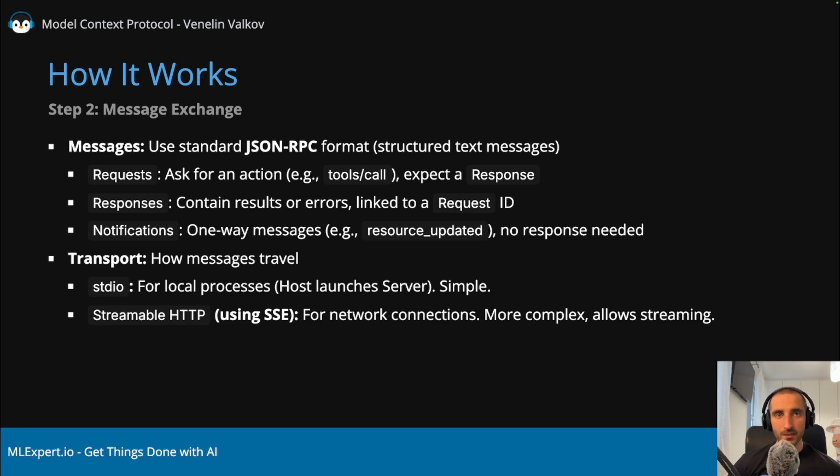In this case, the protocol is working over HTTP and resembles somewhat of a REST API. Of course, not exactly, since we're using server-sent events and JSON RPC for the communication itself. Of course, this is allowing streaming of the responses as well, which is cool if you are working with production-grade applications.